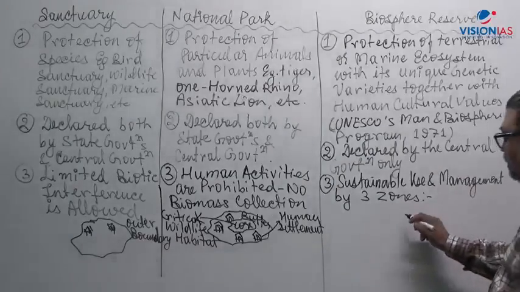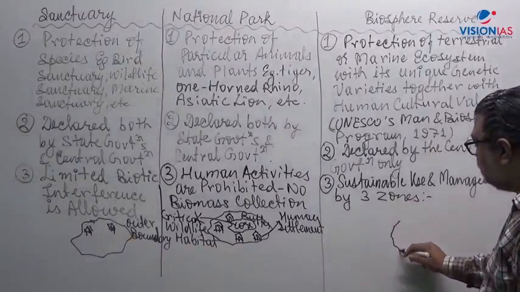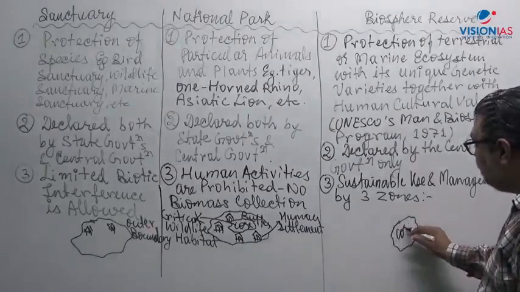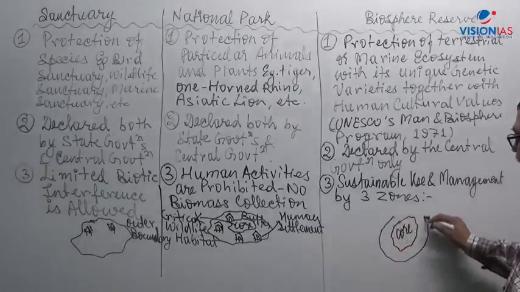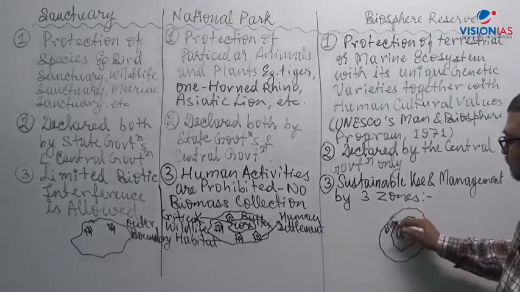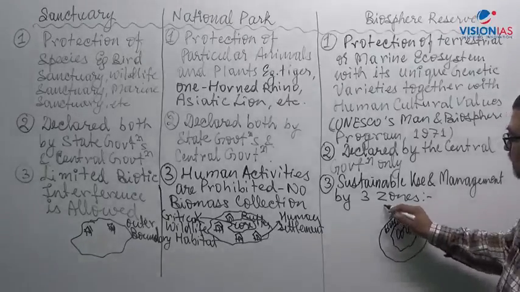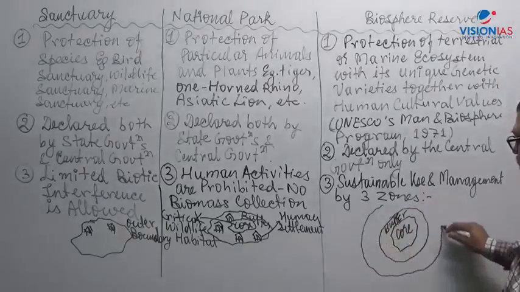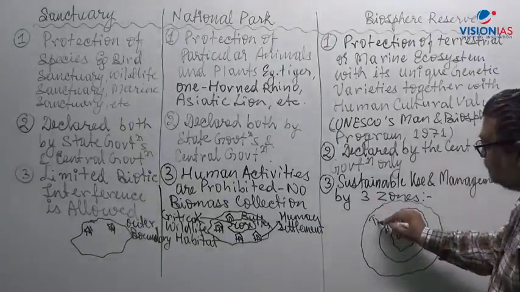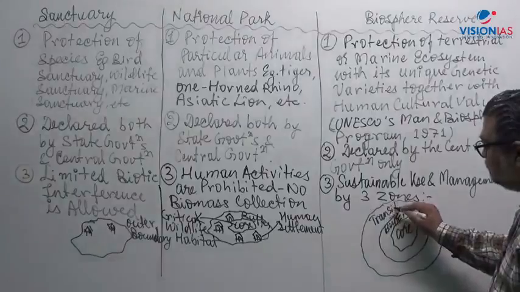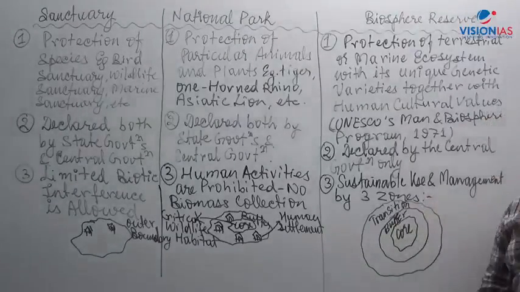Now what are the zones here? You have a core zone, core area. Then outside the core area you have a buffer area, buffer zone, and then the outermost part of a biosphere reserve is called the transition area. I will again repeat.